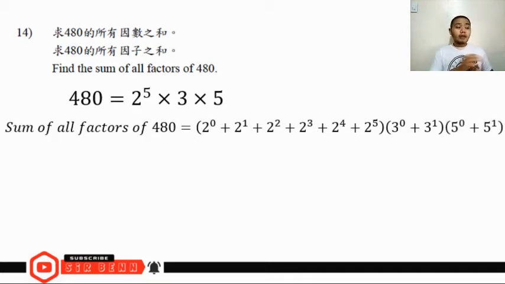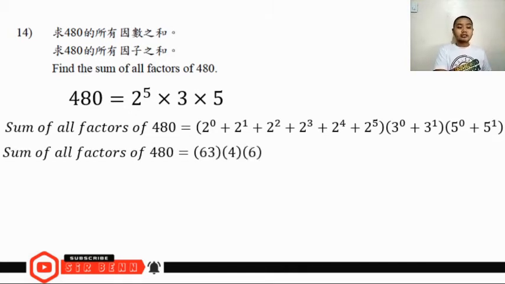The powers of 2 come from the prime factor 2, the 3 raised to 0 plus 3 raised to 1 come from the prime factor 3, and the 5 raised to 0 plus 5 raised to 1 come from the prime factor 5. Let us now simplify this one. The first sum is 1 plus 2 plus 4 plus 8 plus 16 plus 32, that will be 63.